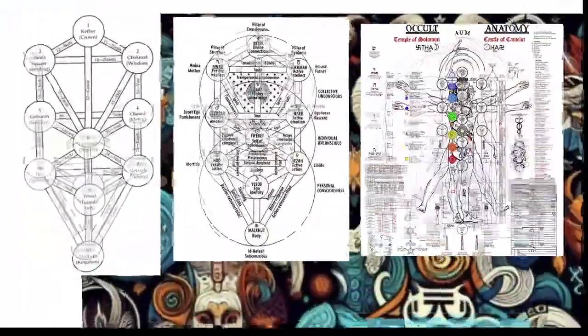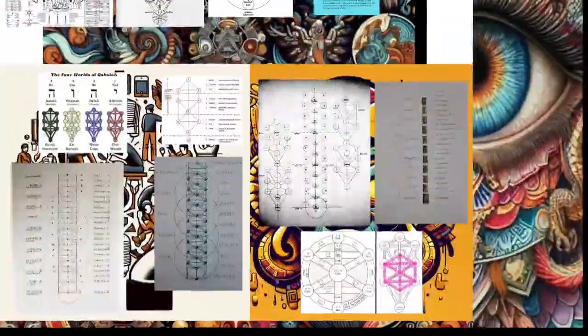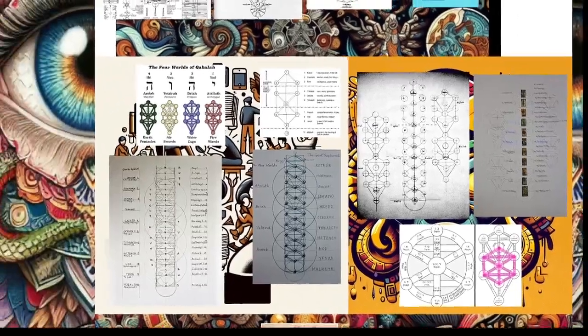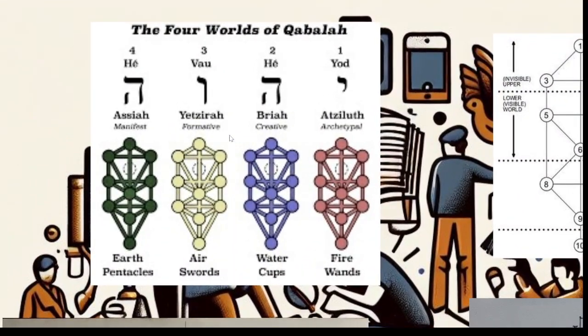What I wanted to look at more was the definition of the four worlds that I did find. When you look at that, you see that this is the manifest world, formative world, creative world, and archetypal world, which is representative of earth, air, water, and fire.